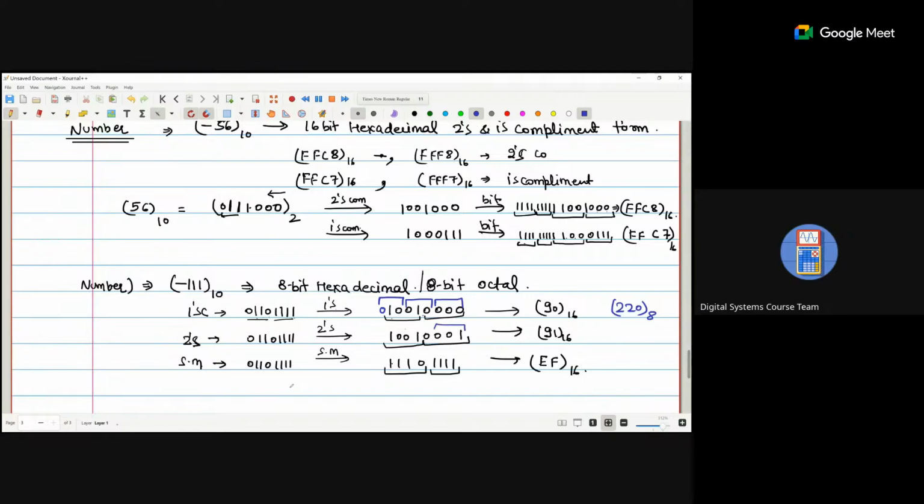Then 221 base 8. And for the last one, group of 3, group of 3, and 10 is added as a group of 3. So that is 357 base 8.